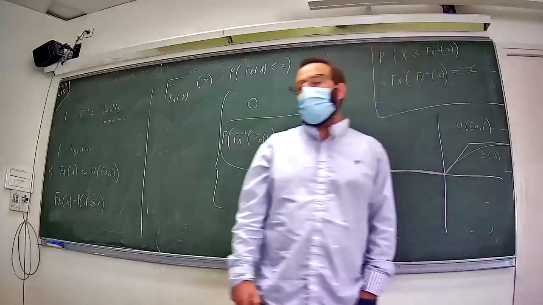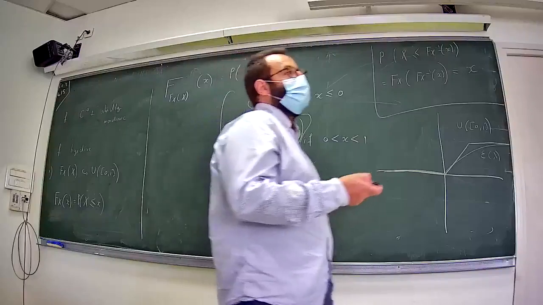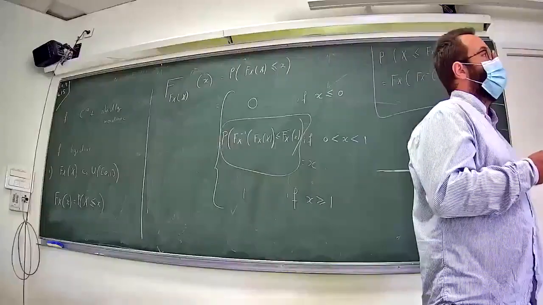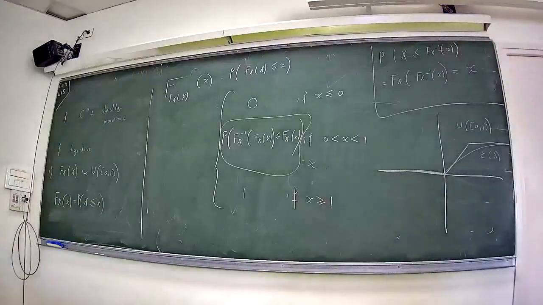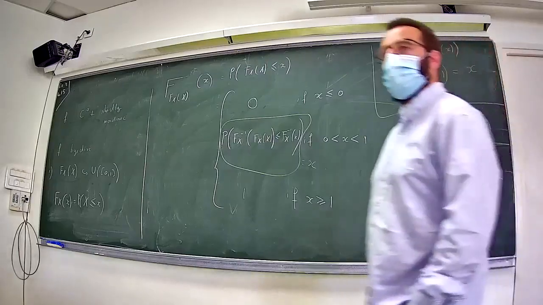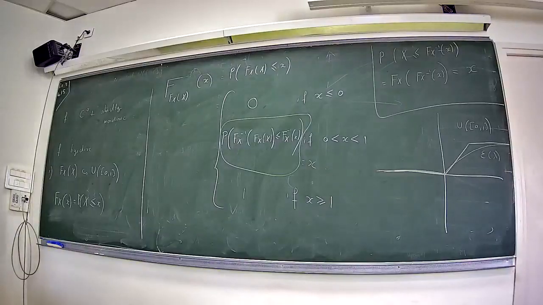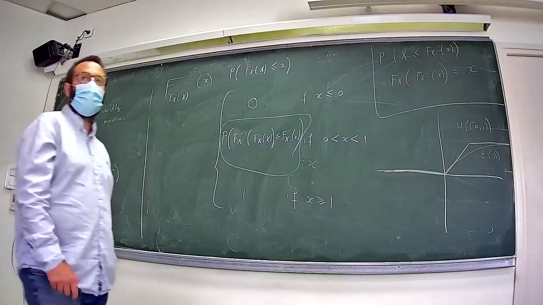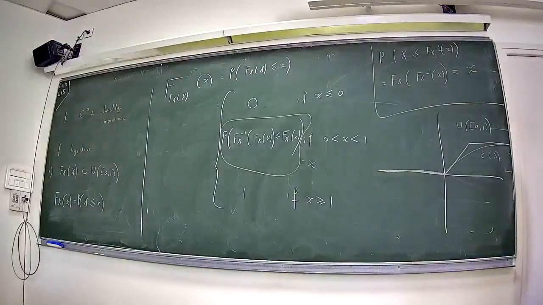Okay? So in practice, how can I use this result? Typically, if I give you a capital X fulfilling this hypothesis, and with the inverse of the distribution function that is perfectly known, if you apply it to capital U, you'll be sure that you will have a random variable that has exactly the same distribution as X. So from a computational point of view, if you are able to compute FX minus 1 explicitly, in order to generate this random variable with a computer, it won't be more complicated than to generate a uniform on the interval 0, 1.